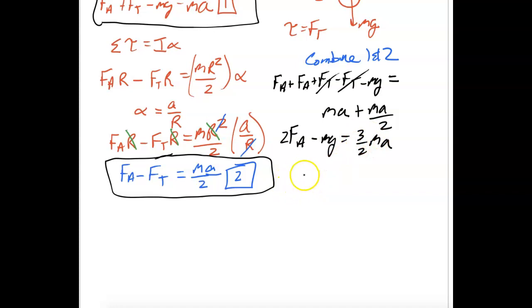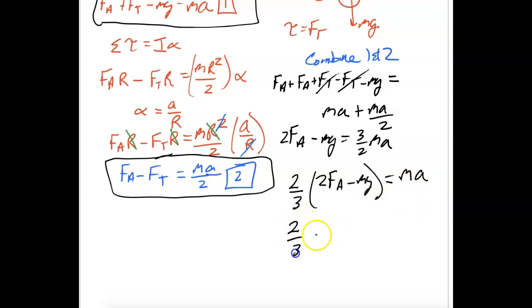And when I do that, I'm going to have 2/3 of 2 times FA minus MG is equal to M times A. And so at this point, I just need to divide both sides by M. When I divide both sides by M, I end up with 2 over 3 times 2FA over M minus, now remember when I divide both sides by M here, I've got the M under here, minus, and then these M's will cross off, but I can't cross it off because I still have this.